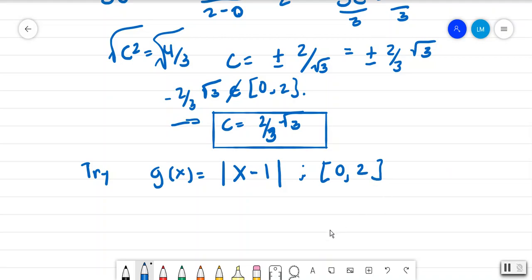Okay, so try to use the mean value theorem for this, and then if you get a chance, go ahead and try again for the square root of x from 4 to 9, and see what values would satisfy the mean value theorem for that one. Okay.